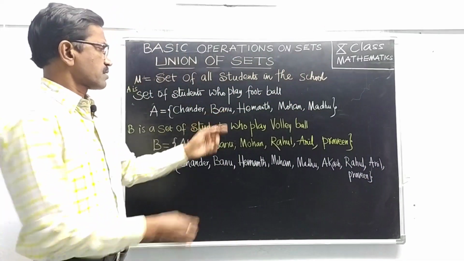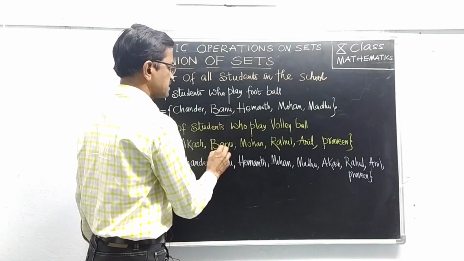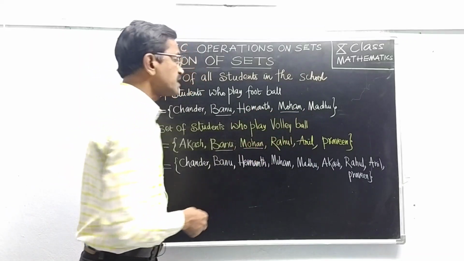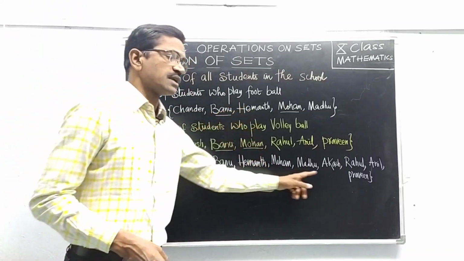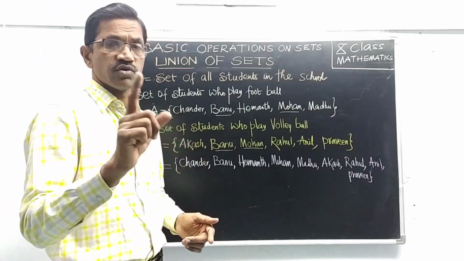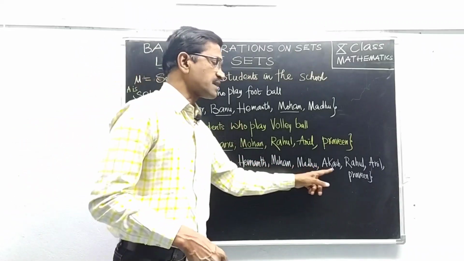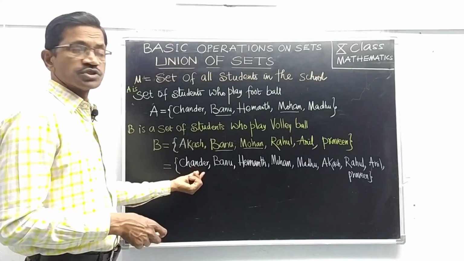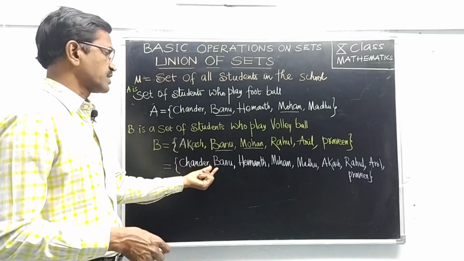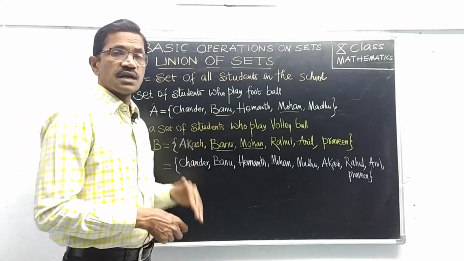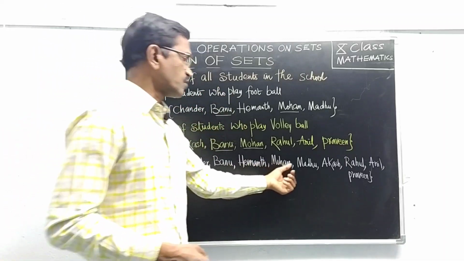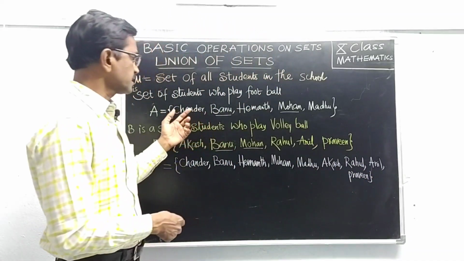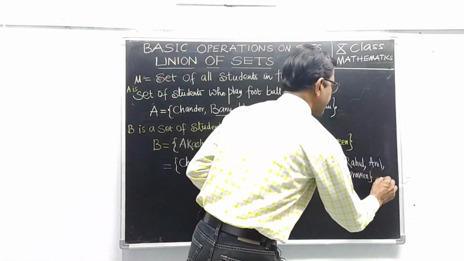So here Banu plays 2 games and Mohan plays 2 games. But we have to take one time only because only one Banu is there, one Mohan is there. That's why we should not repeat the name. So how many members are selected to play football and volleyball? 1, 2, 3, 4, 5, 6, 7, 8, 9. 9 students.